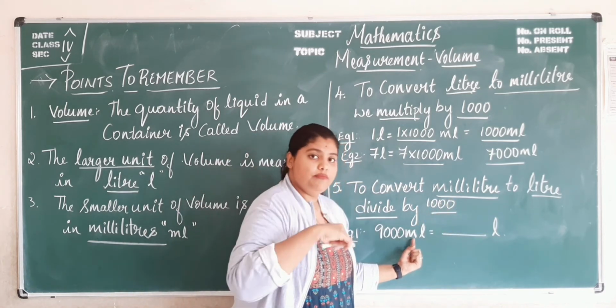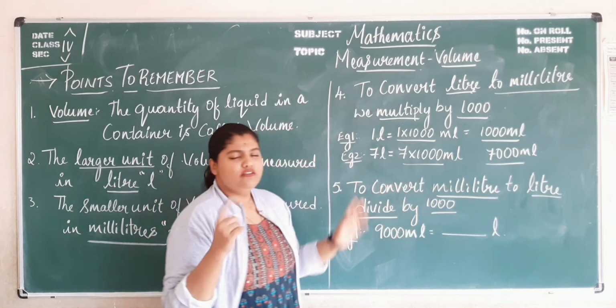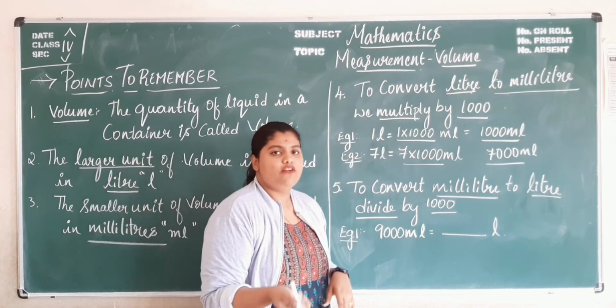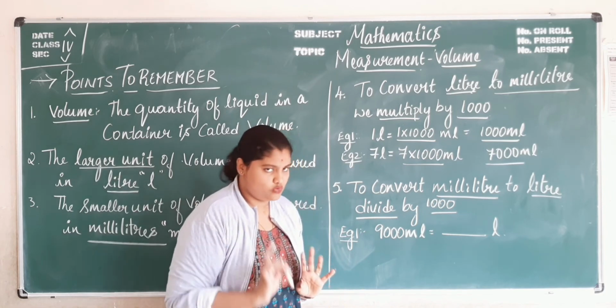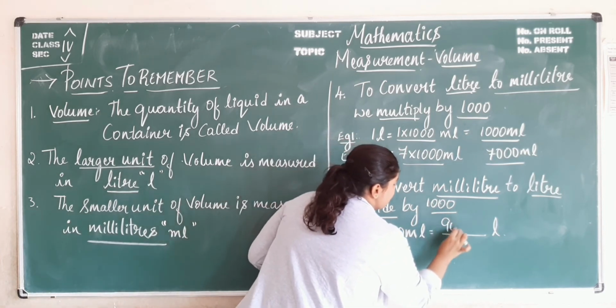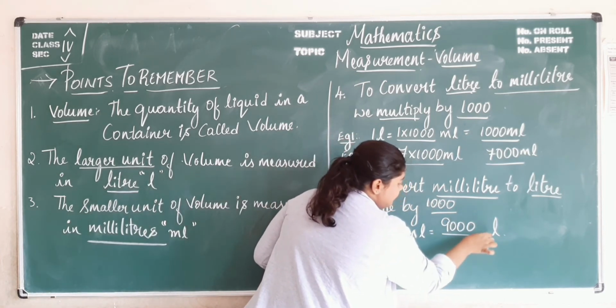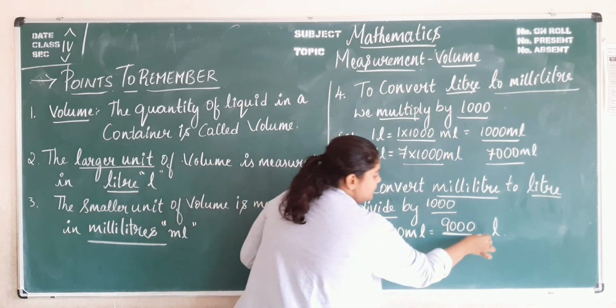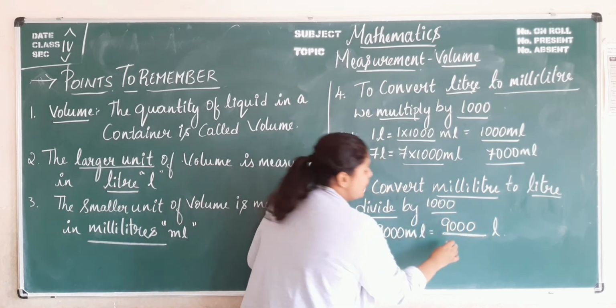To convert milliliter to liter, what do we have to do? We have to divide by 1000. So I will write the number 9000 divided by how much? 1000.